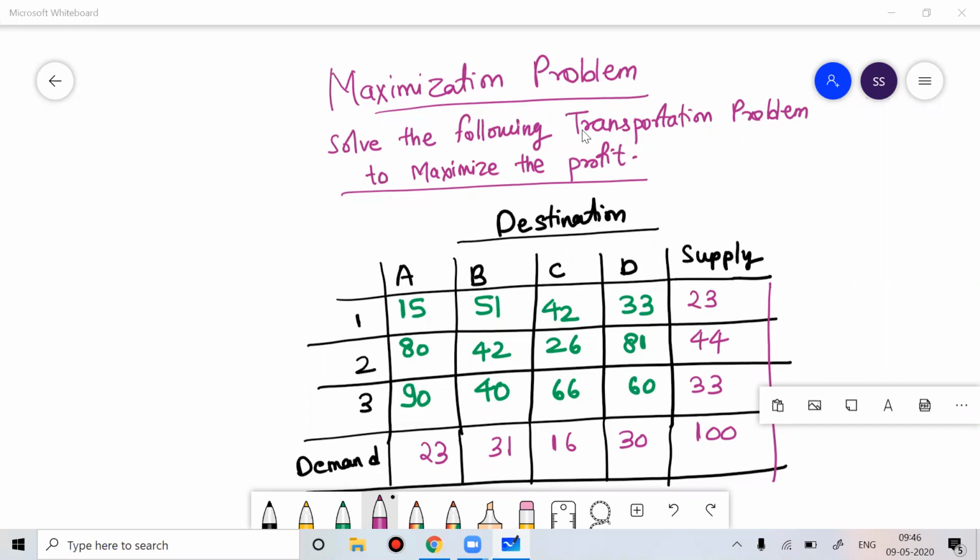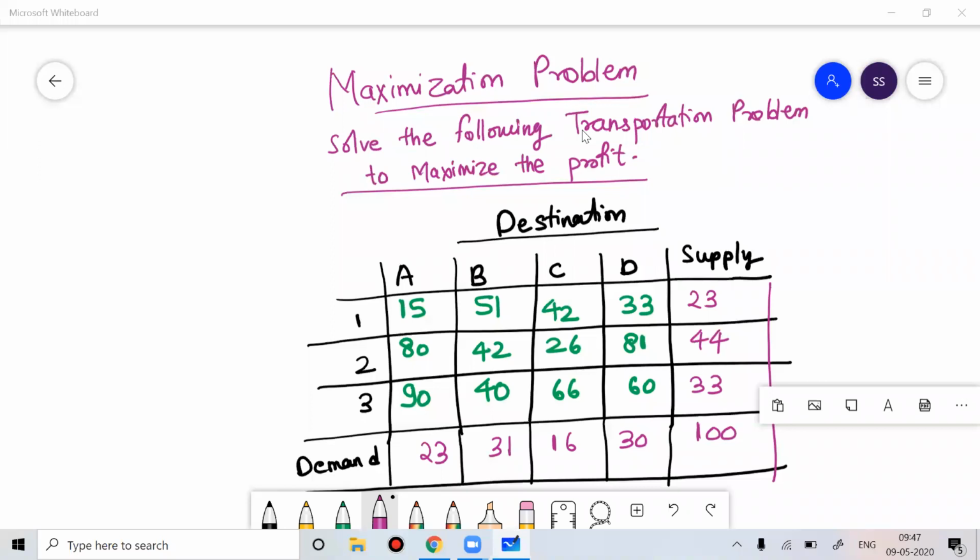By looking at the total number of allocations, we do the test of degeneracy. When we do the test of degeneracy, we apply the formula that the total number of allocations should be equal to m plus n minus 1, where m is the total number of rows and n is the total number of columns. So we see whether the total number of allocations is equal to m plus n minus 1 or not.